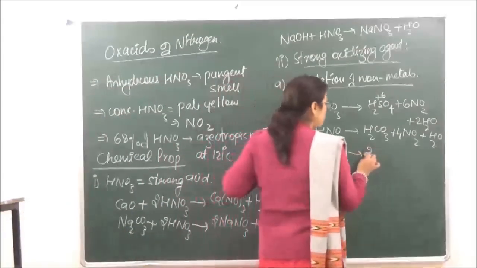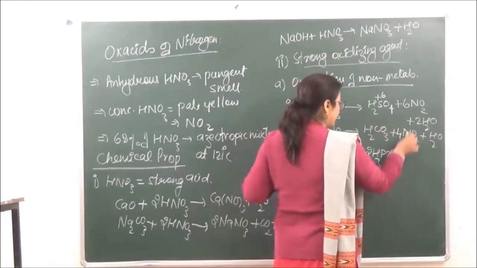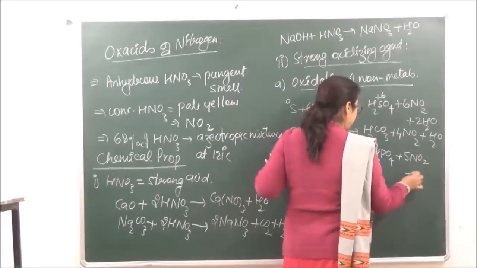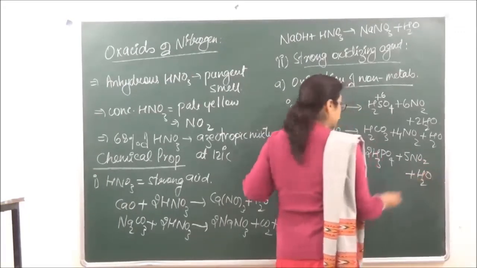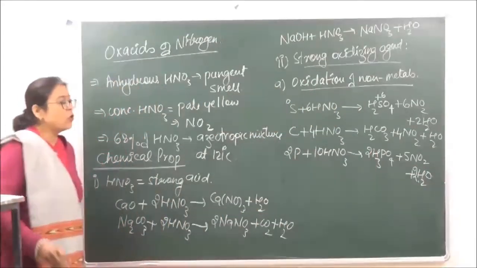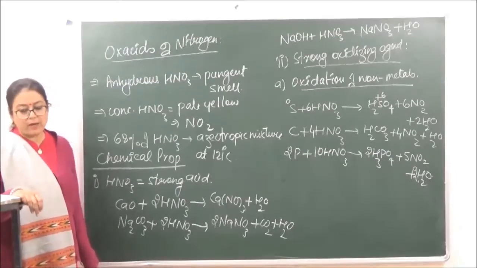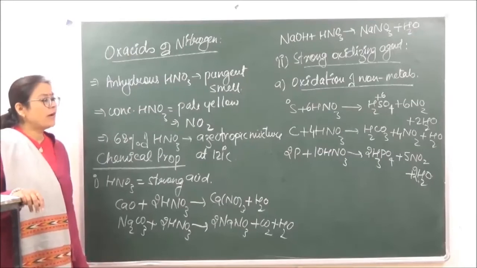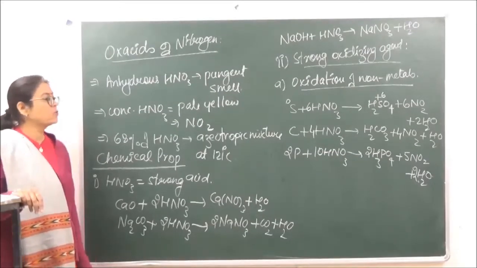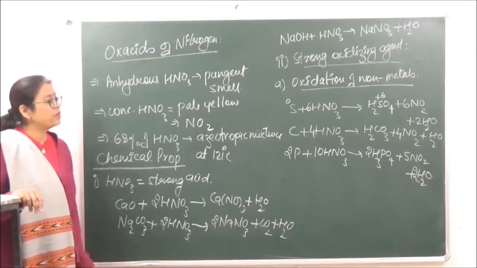So we have 2 H3PO4 plus, again the byproducts are going to be the same, nitrogen dioxide and water. So all of the non-metals are going to be converted into their respective acids. If you're talking of iodine over here, iodine will be converted to iodic acid. Iodic acid is going to be HIO3. So all the non-metals are converted into their respective acids.